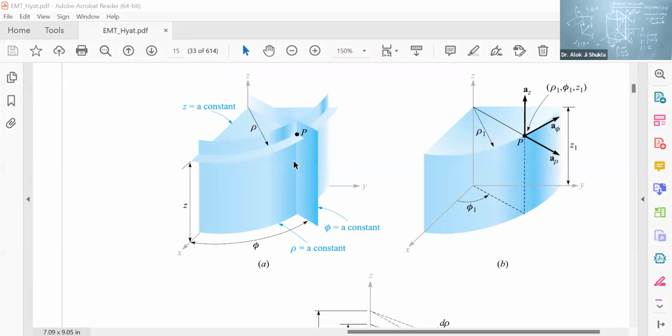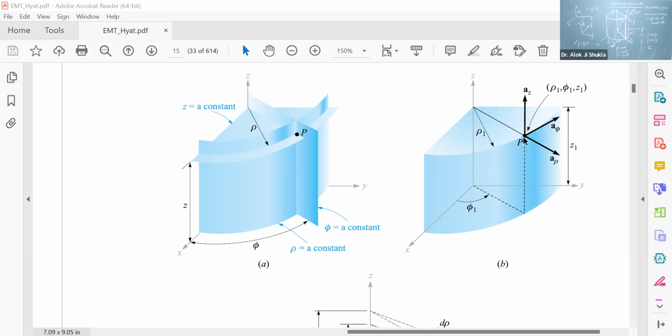And the unit vectors will be in the increasing direction of those coordinates, as shown here. Can my cursor be seen? Please see here. Phi is increasing, so you draw perpendicular to rho in the increasing direction of phi.